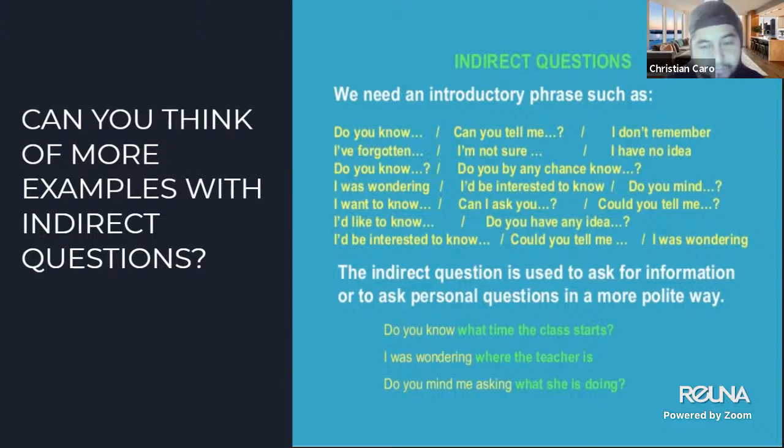I want you to think of indirect phrases, like any idea that you would like to type in the chat room.